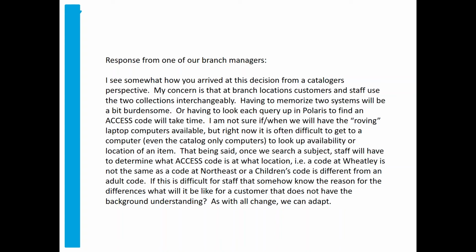Sometimes you rethink things and experiment, and sometimes it works really well and you come up with new solutions, and other times it doesn't work so well. And this was one case where, incidentally, we did not use animals as a subheading under nature in our large location adult scheme.